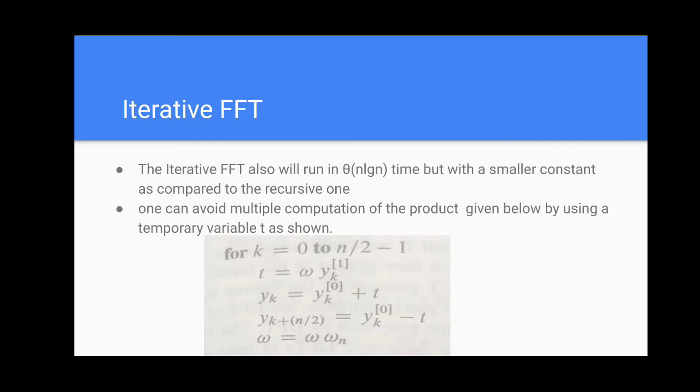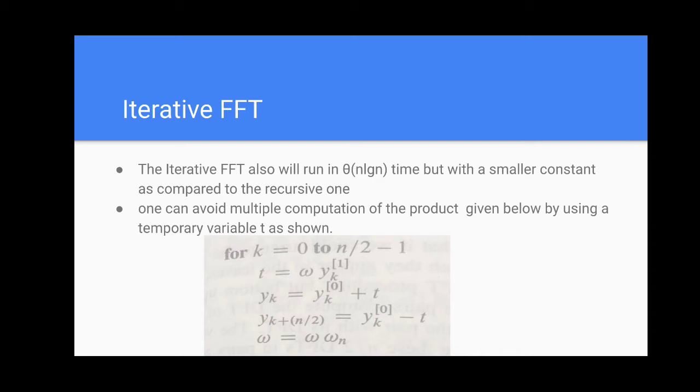So coming to the iterative FFT algorithm, this iterative FFT algorithm has been constructed from the recursive FFT which we already discussed, by removing some of the inefficiency in that algorithm. One of the inefficiencies which we can see in the recursive algorithm, and the same thing can also be used in the recursive algorithm, is to avoid multiple computation of the product omega times yk of 1, which we can do once in the loop and use that value of t, the temporary variable, to compute yk and yk plus n by 2, that is the two halves.